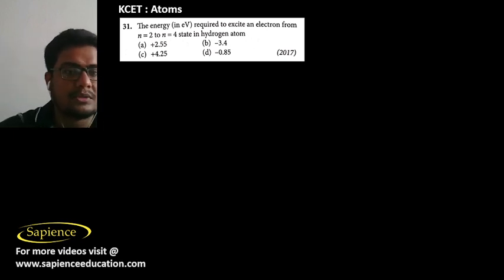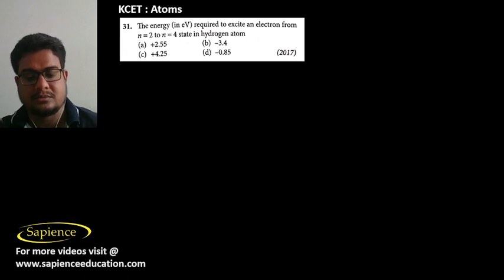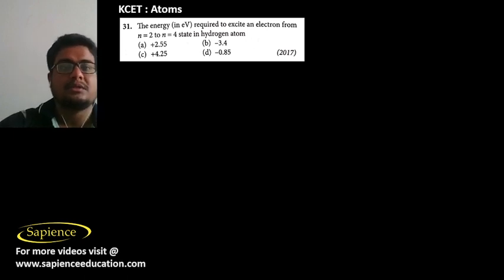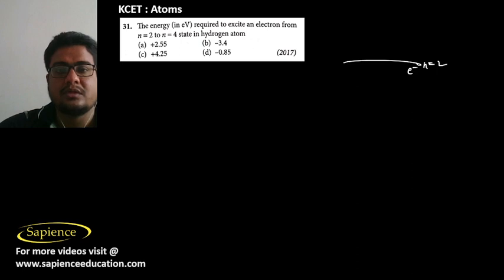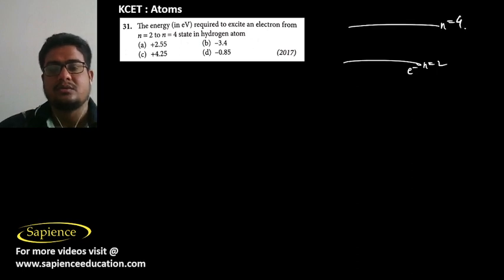Then in question number 31, it is told the energy in electron volt required to excite an electron from n equal to 2 to n equal to 4 state in hydrogen atom is how much?